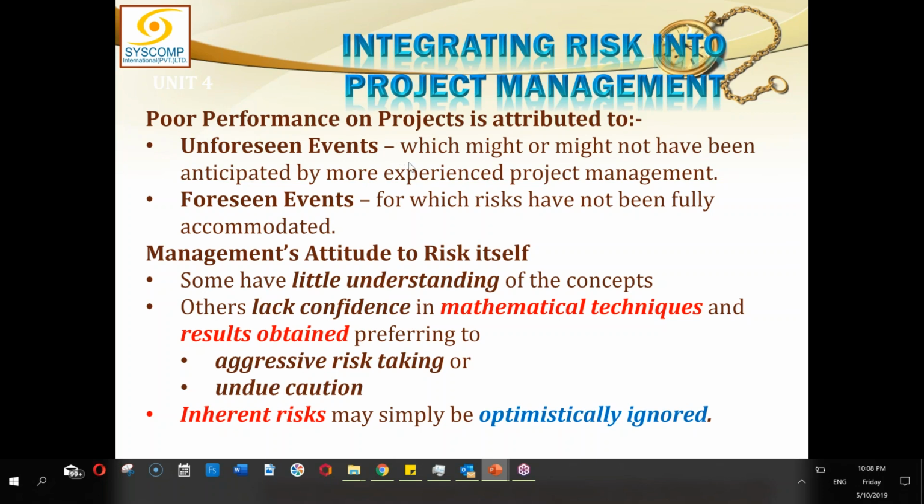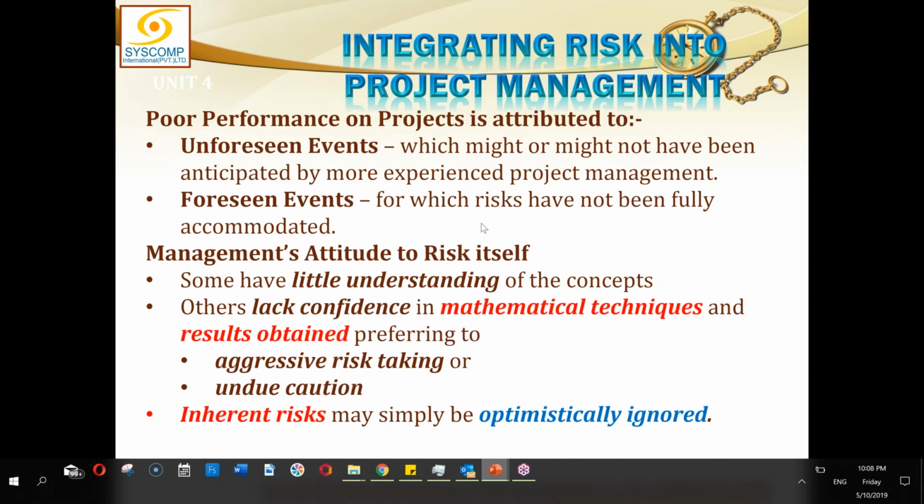I say unknown because this risk cannot be thought about, cannot be conceived, and therefore I do not know about this risk. I do not know what can happen. I do not know what damage can occur. So I cannot know anything about this risk, which may or may not be anticipated by more experienced project managers.